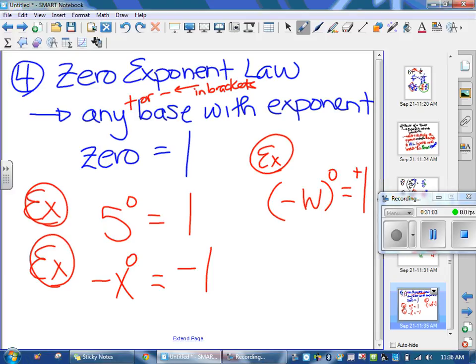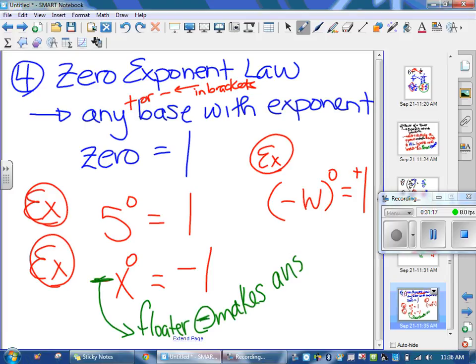The difference is because this one has the floater negative. The floater negative makes your answer negative.